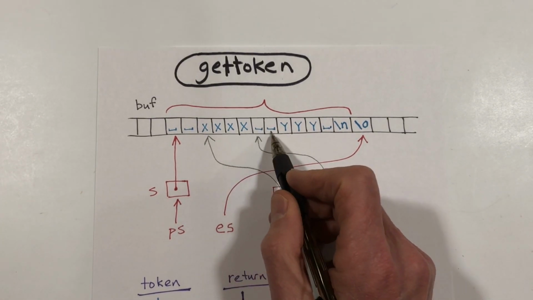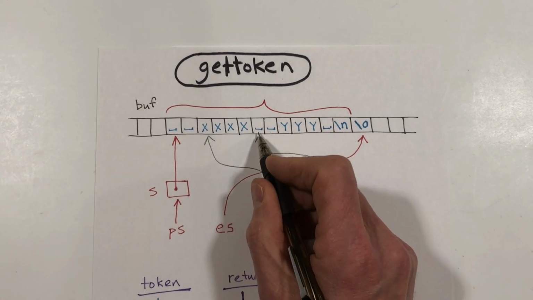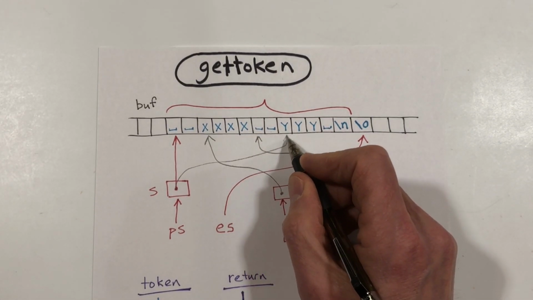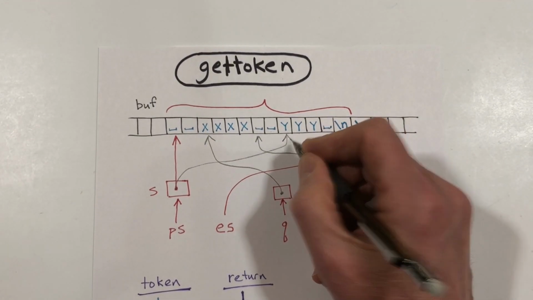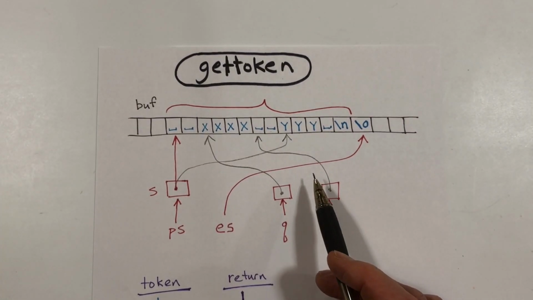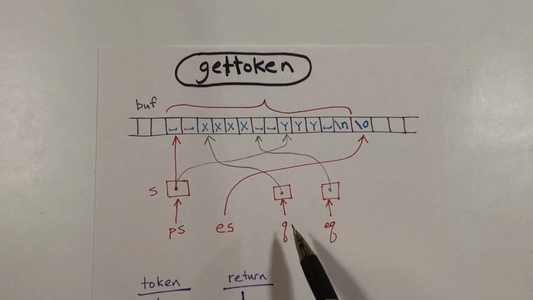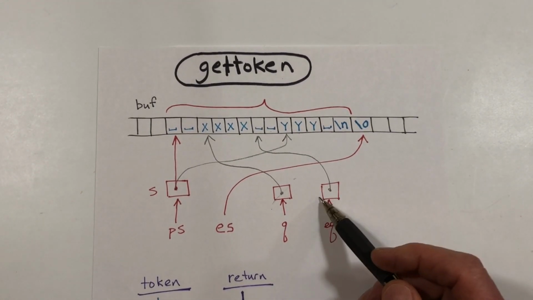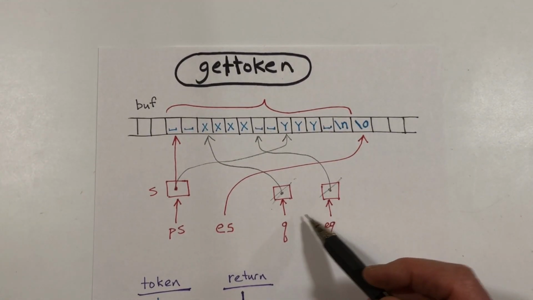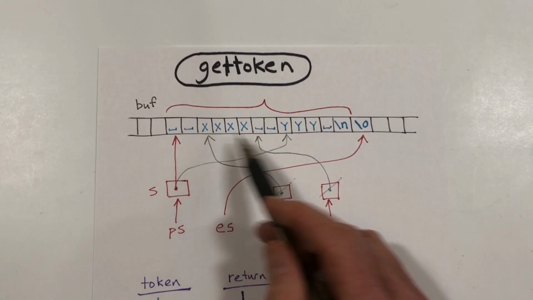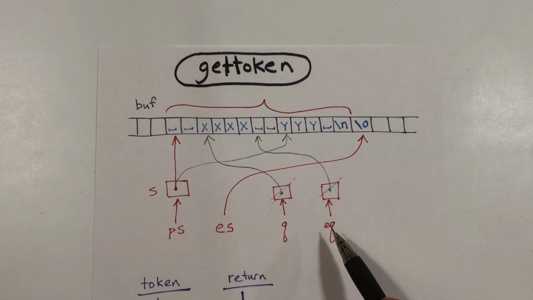Actually, we'll skip past the white space that follows the token and alter S to point to the first non-white space character. So after GetToken is called, we will set things this way. Q and EQ may in fact be null, in which case we won't update them. But if they are not null, then GetToken will update them to point to where the token is found.